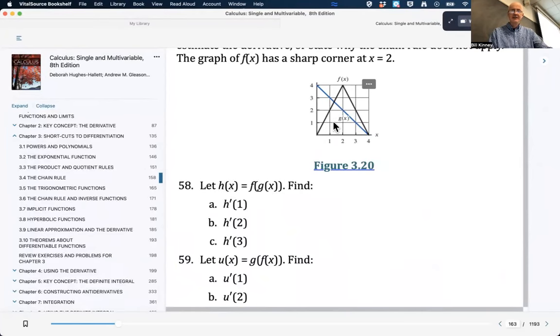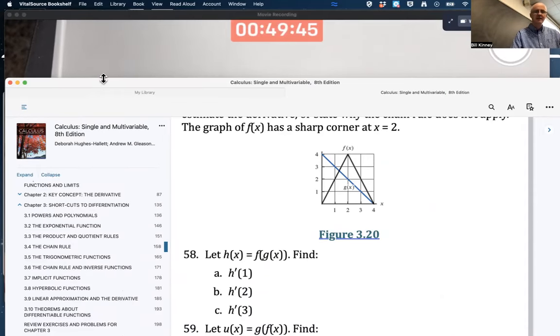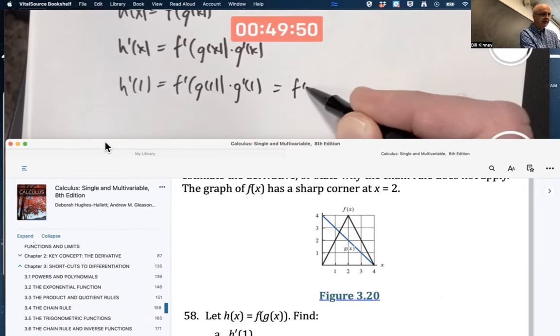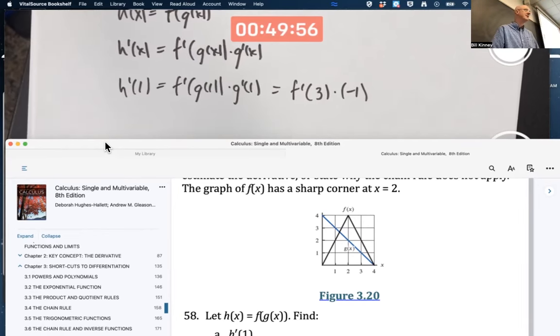Looking at this graph, g is the blue graph, and g of 1 is 3. g prime of 1, being a linear function, is constant. It's the slope of this line, which is -1. g prime of 1 is -1, because g prime of x is always -1.